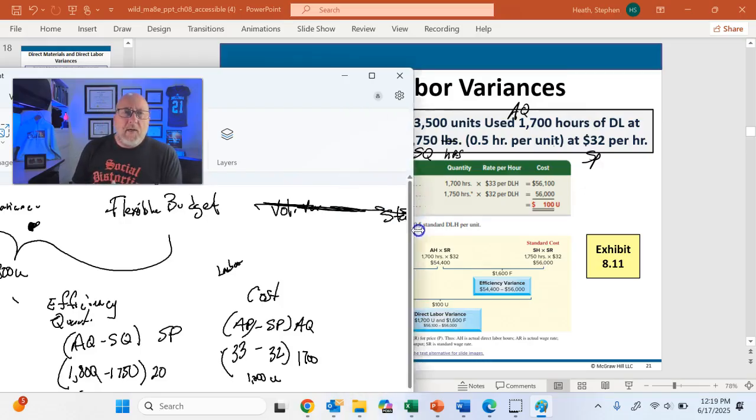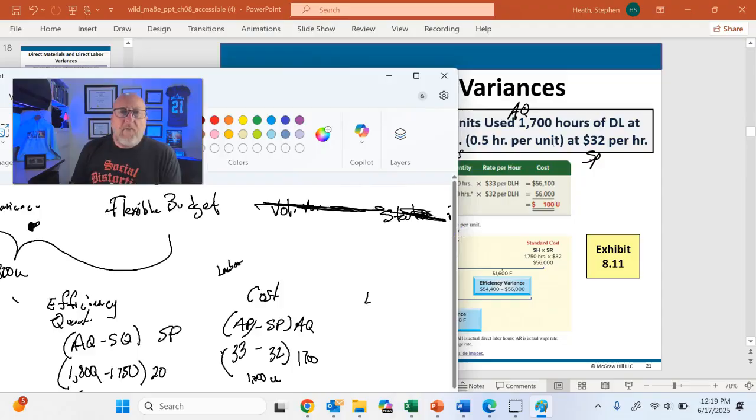Then we can do the efficiency variance for labor, or the quantity, and that's going to be actual quantity minus standard quantity times standard price. So the actual number of hours up here, it says that it's 1,700.